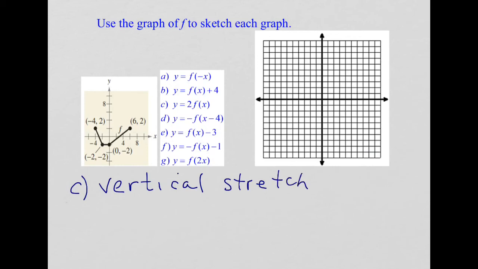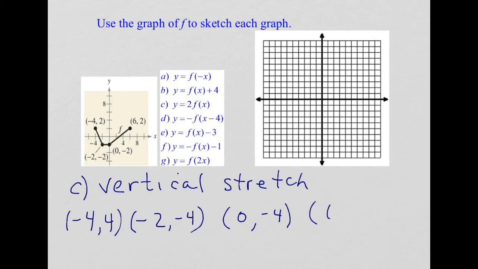So that's going to give me the points negative 4, 4, negative 2, negative 4, 0, negative 4, and 6, 4. And those are the transformations for C. Now, you try the rest of them.